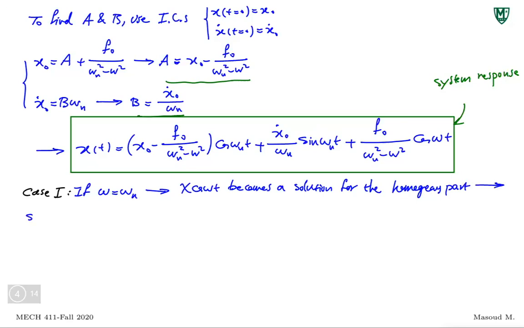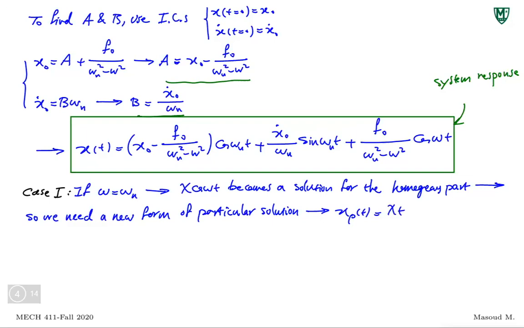So we need a new form of particular solution. And we're going to choose it as x_p(t) equals x t. Let me double check my notes. Yeah, I choose it as x t sine omega t, instead of that x cosine omega t.